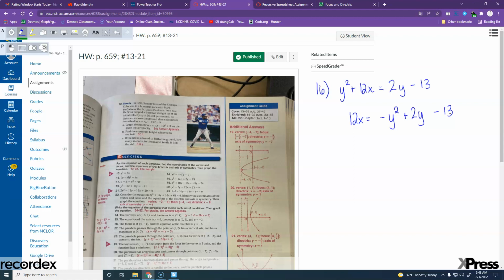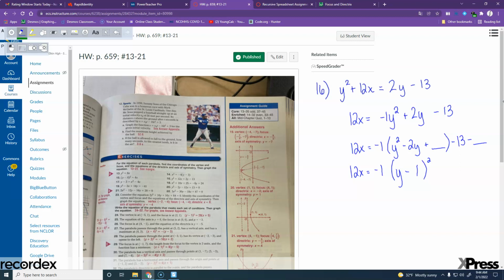So pretend like that 12's not there, it's just sitting over here. You're not doing anything with it. So you would just need to factor out this negative 1 right here, which would give you y squared minus 2y plus blank. And we'd have minus 13 minus blank right here. And so in this parentheses here, when we're completing that square, Maddox, what number will we get right here?